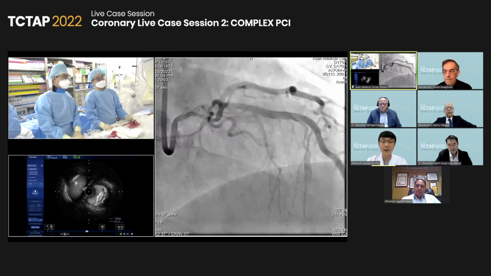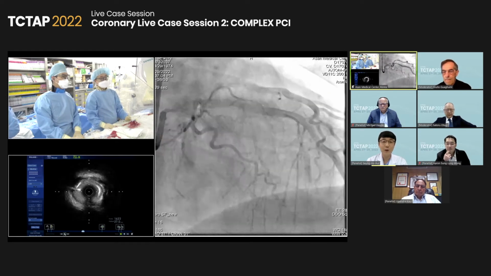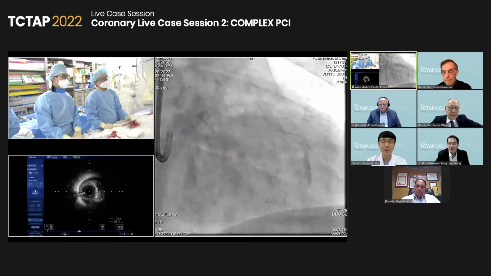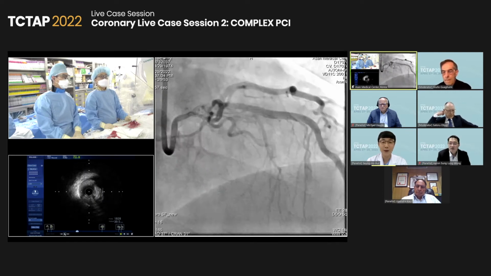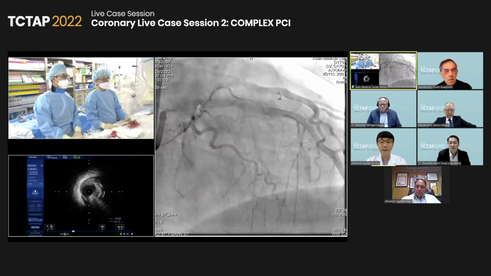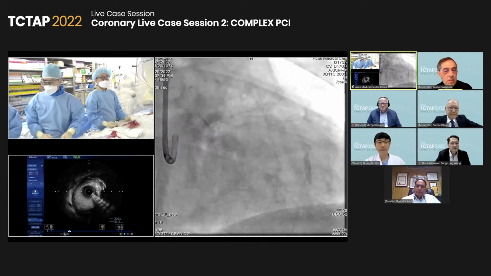Another thing is, once we decide on just one stent, with the crossover we have to reopen the circumflex ostium. That's another important point. Good. Have you done any type of IVUS assessment of the circumflex?